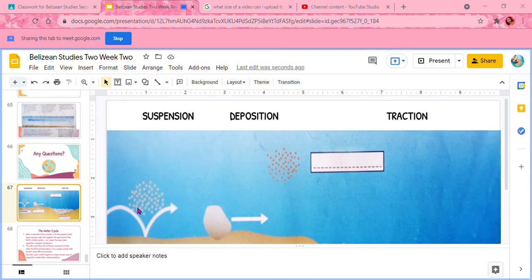What do we call when a boulder or when a large rock rolls? I see traction. Very good in the chat. So I'm going to put traction.